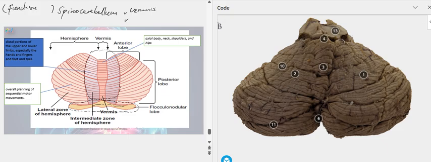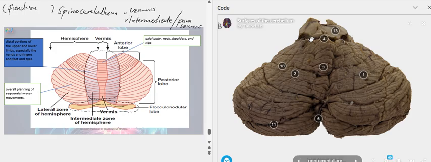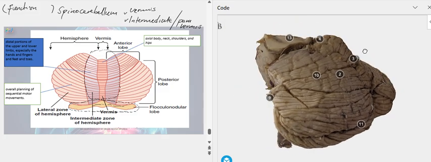This is specifically from the spinocerebellar tracts that we covered while discussing the ascending tracts in the spinal cord. So this zone normally receives signal from the spinocerebellar tract from the spinal cord, and these are feeding our cerebellum with proprioception signals.